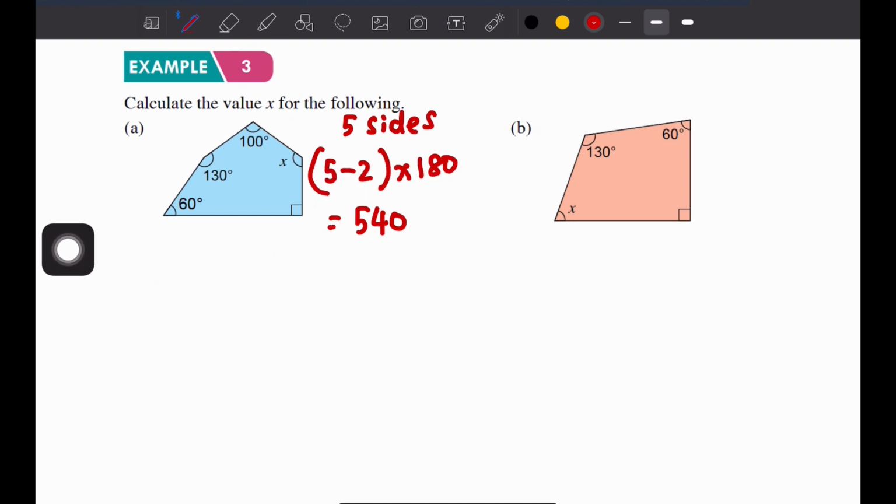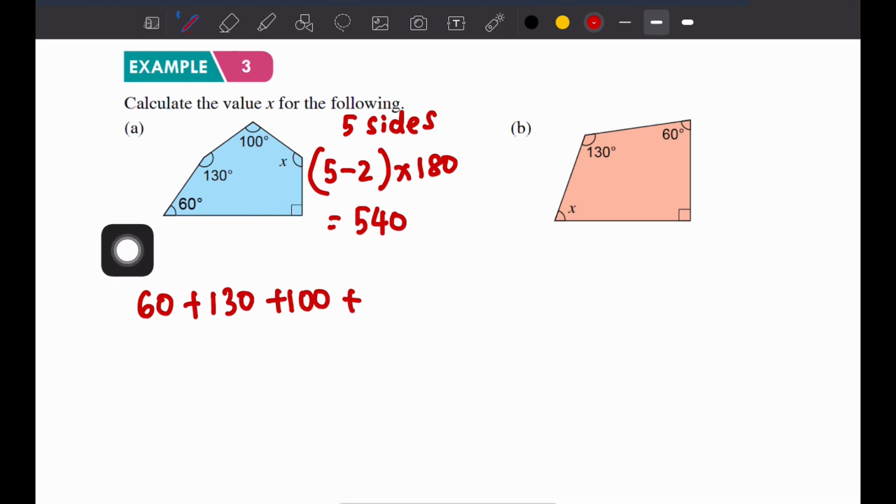Okay, so if we add up all of these angles, it will give us 540. So you can write your linear equation. 60 plus 130 plus 100 plus, what is this? This is 90 degrees. 90 plus x is equals to 540.